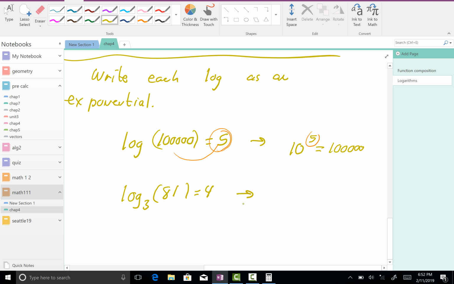Okay, what's the base on this one? 3 to what power? 4 equals 81. That's how you do it. That's how you write them back and forth like that.